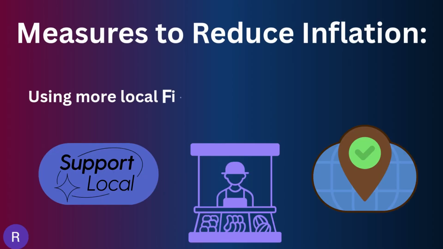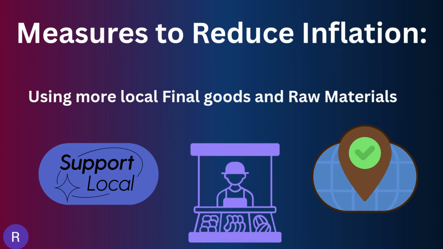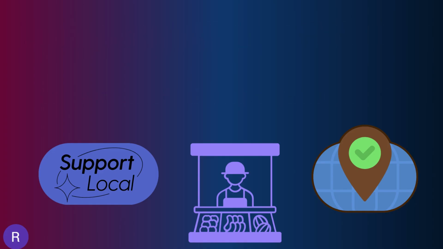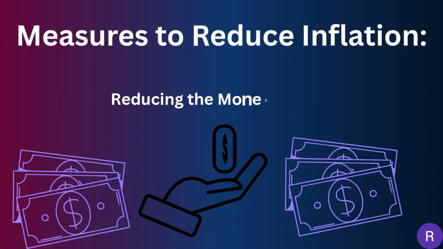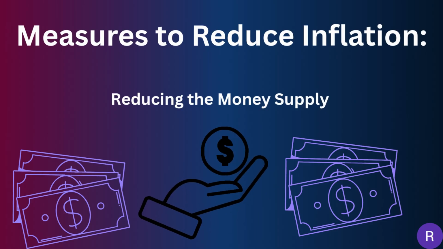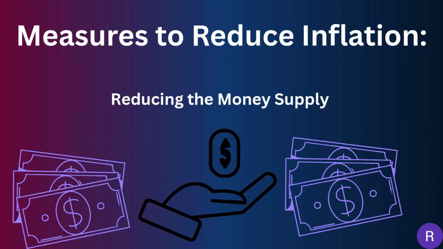All of these measures to reduce inflation are actually targeting one of the causes that we identified earlier on in the notes. If imported inflation was identified as one of the causes, using local raw materials and final goods is a very good way to combat imported inflation. And for that increase in the money supply that we had earlier, a very good measure would be reducing the money supply.